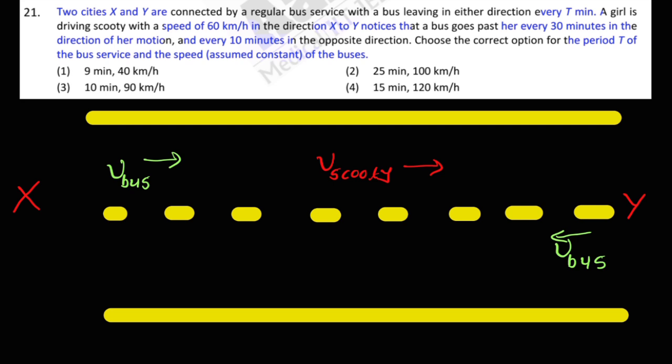So we have to find out two things. Number one, speed of the bus, and number two, time interval t. So let me begin this problem. In the beginning, let me assume the speed. Speed of the bus is given as v. और बच्चों, हमें यह स्पीड बस की फाइंड आउट करनी है.